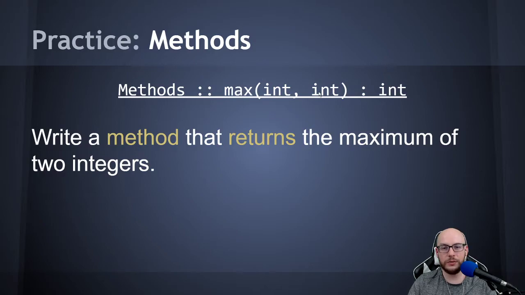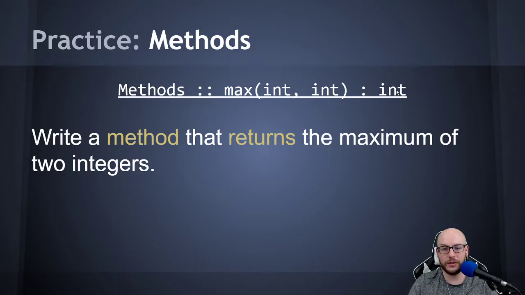Max is going to take in 2 integers. Notice that I have the data types, but not the variable names, because the variable names are up to you. It's not important what the integers are called. What's most important is knowing that max takes 2 integers in order to use, right? The syntax here indicates that this method, max, will return an integer. So max is going to take in 2 integers.